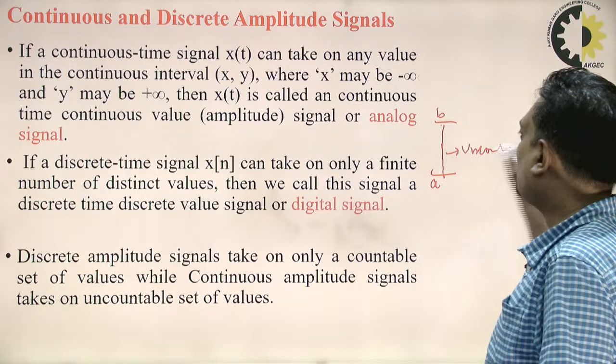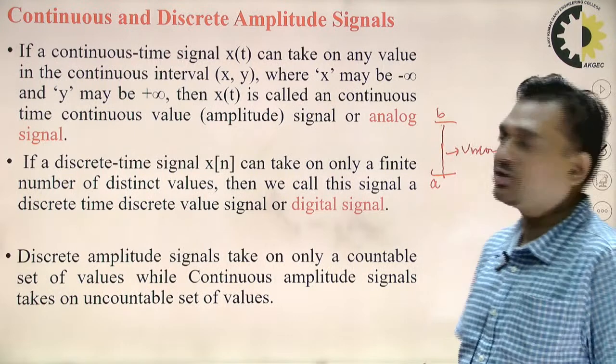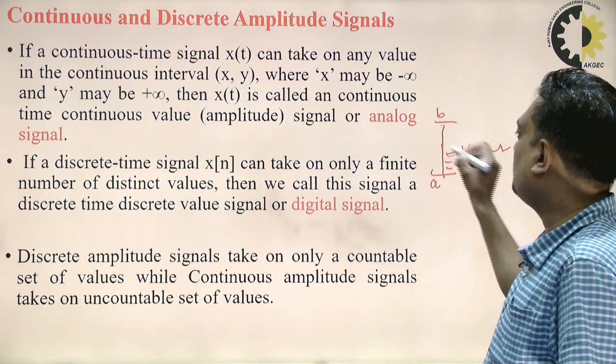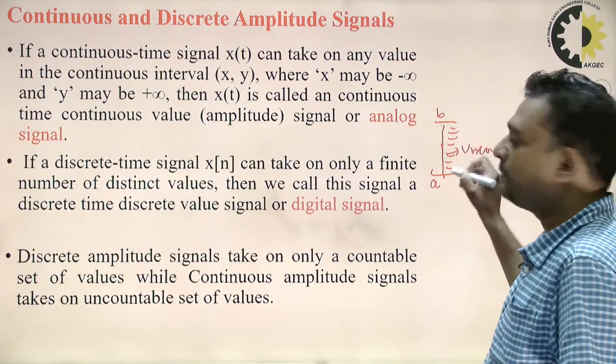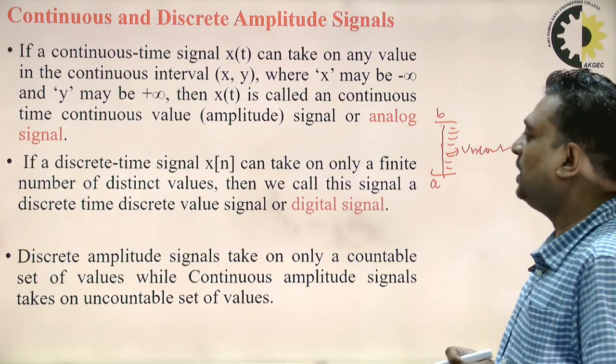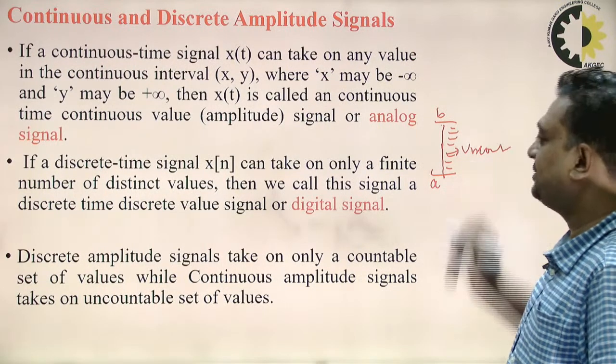If values are uncountable, we can say the amplitude is continuous, and if these values are countable, or you can say we have definite values of amplitude levels, then we can say this is a discrete value signal.